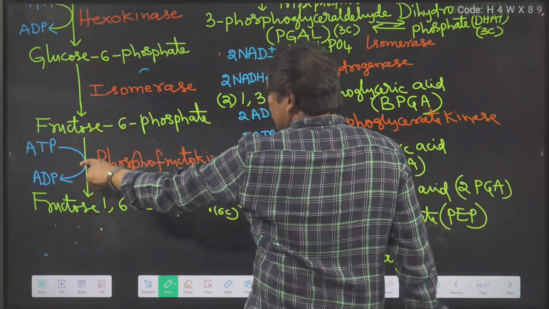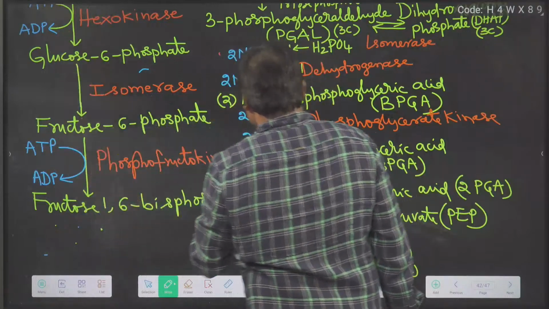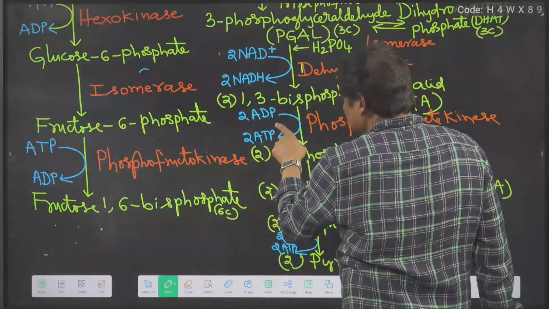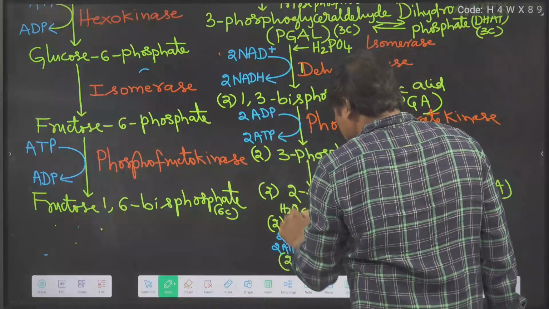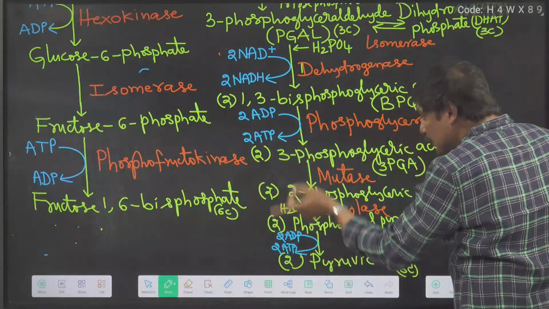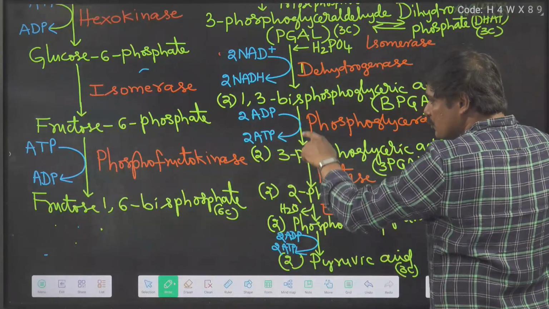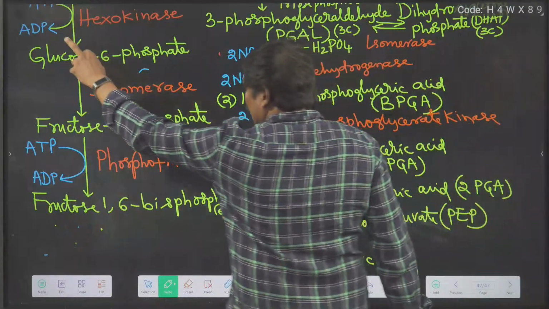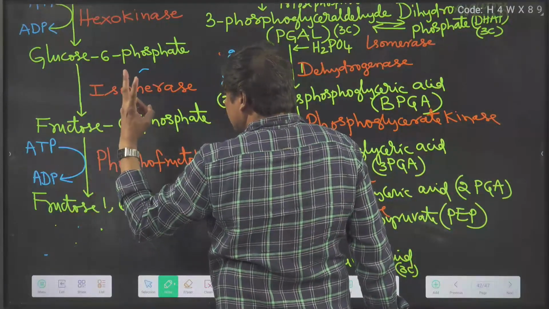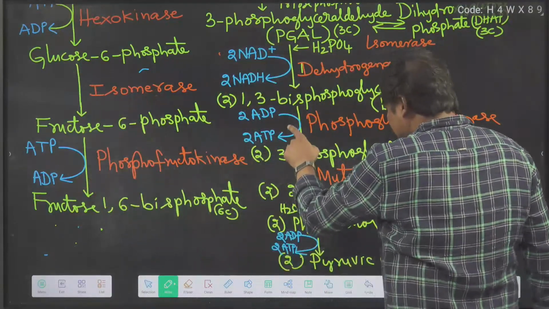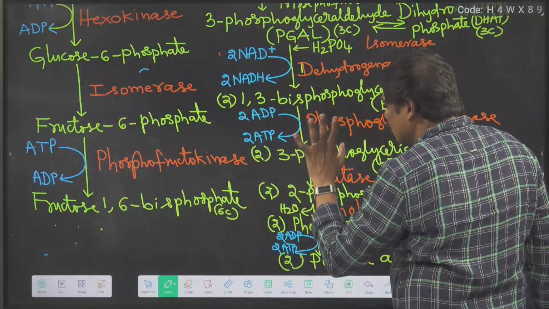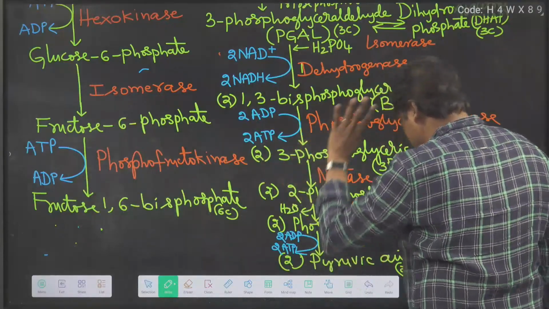In the third step, 1 ATP is used. But in the 7th step, 2 ATP are formed, and in the 10th step, 2 ATP are formed. So in reactions 1 and 3, 2 ATP are used. In the 7th and 10th reactions, totally 4 ATP are formed.